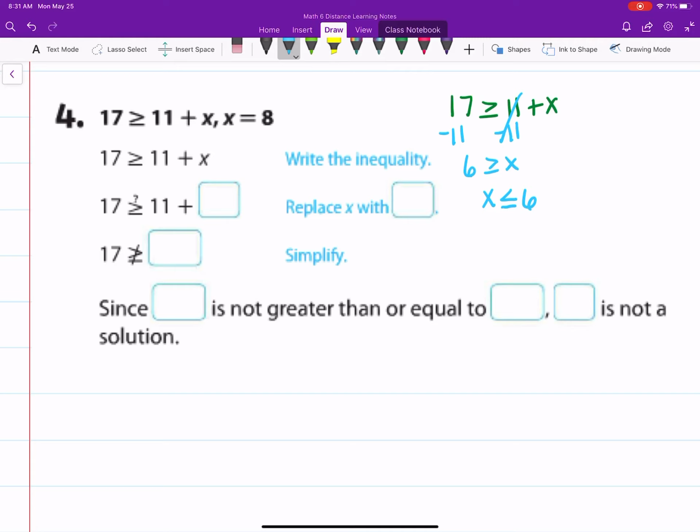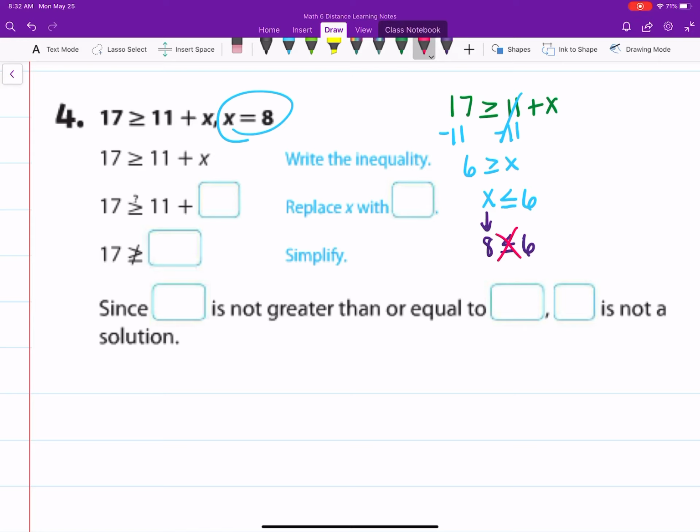Then I go back to the solution they gave me, x equal to 8. Well, let me substitute that in for x. If I substitute in 8, is 8 less than or equal to 6? No. Therefore, 8 is not a solution.